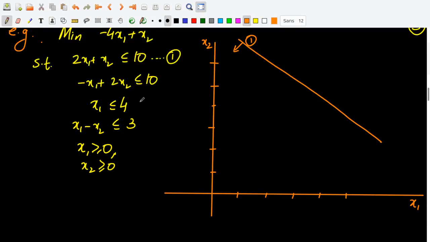Similarly, I can draw the constraints for all other inequalities. So let me just draw the simplest one first.